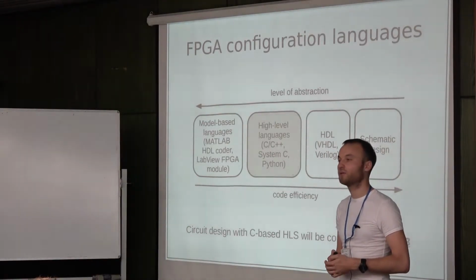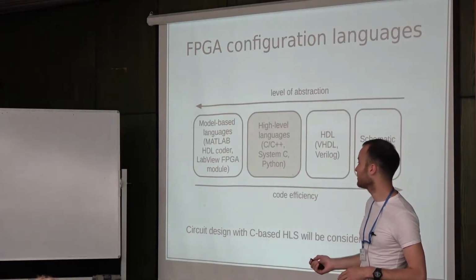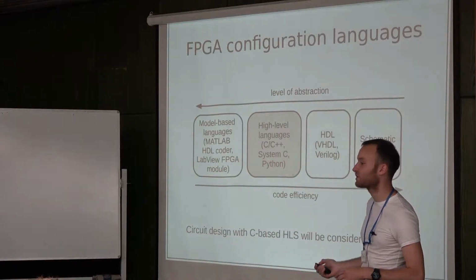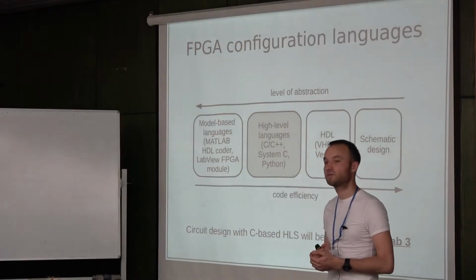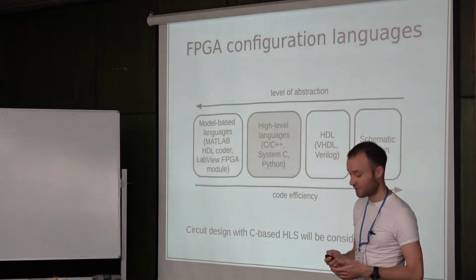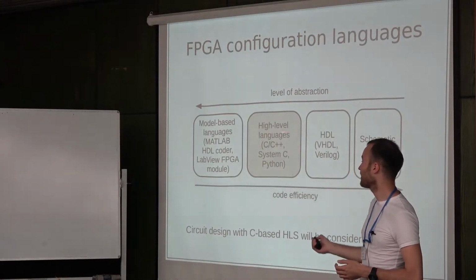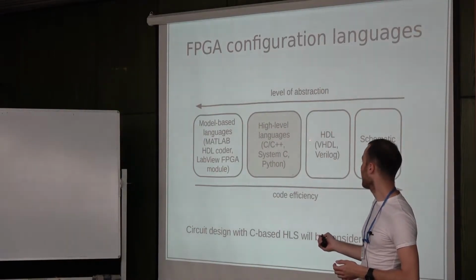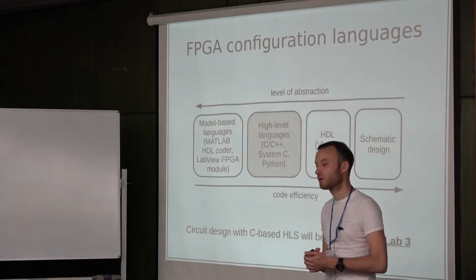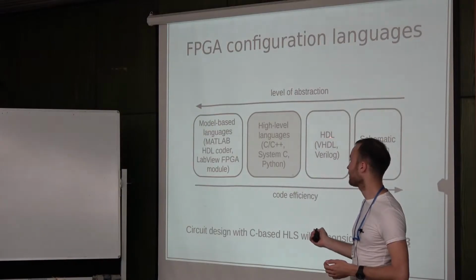Most of them are based on C and SystemC. Still, you can't go easily to Python level. In theory, there are some languages. Again, this is trading off design time and circuit efficiency. But normally what happens when you use HLS, HLS generates HDL code, and then this HDL code goes to the vendor's software tool. So this can be considered as a wrapper around HDL.